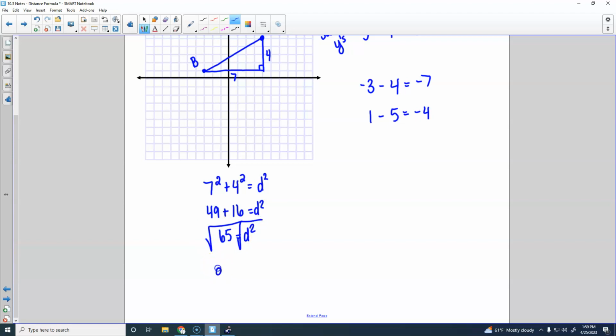And what did you get, Haley? 8.06. Give me one more decimal place there. 8.062. Okay? All right. Doesn't matter if I use a negative. Are you sure?